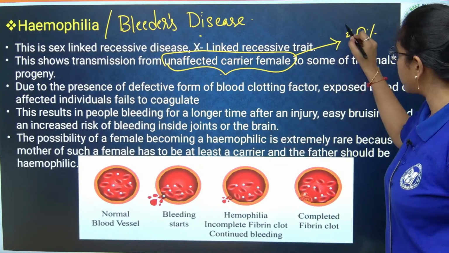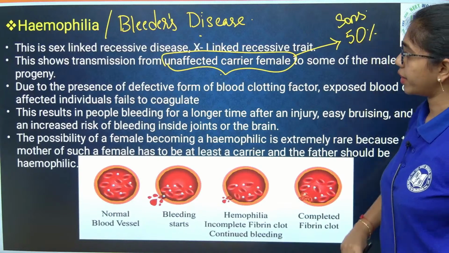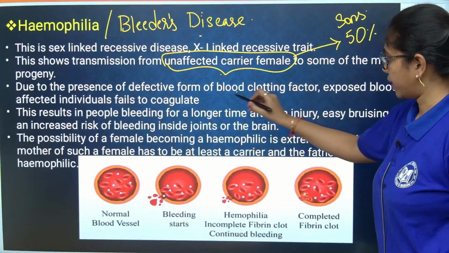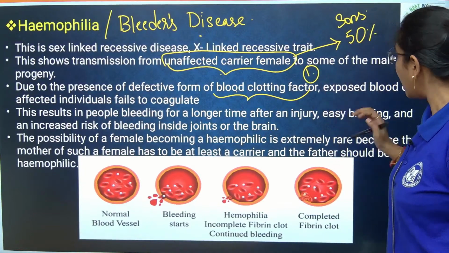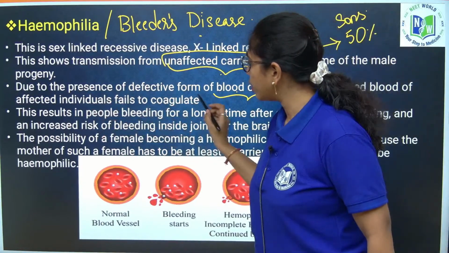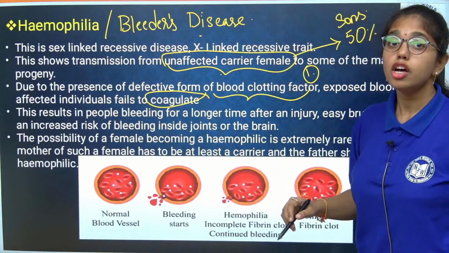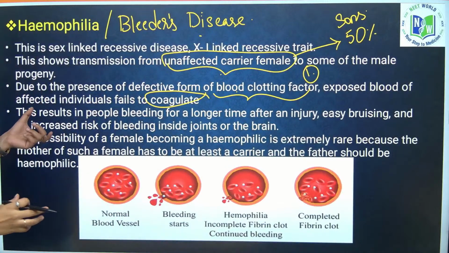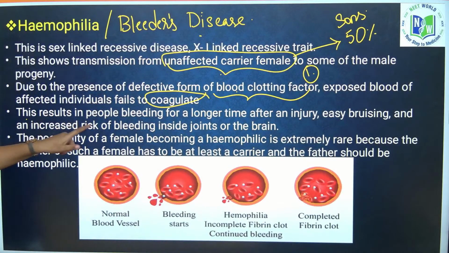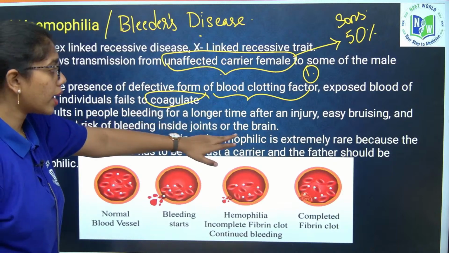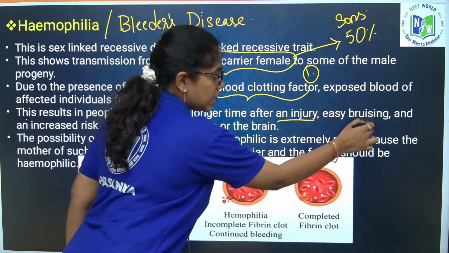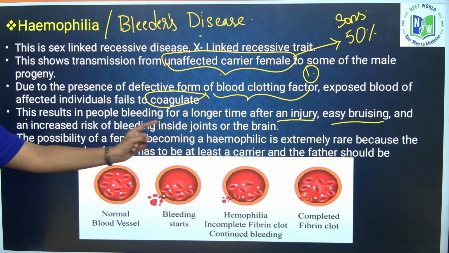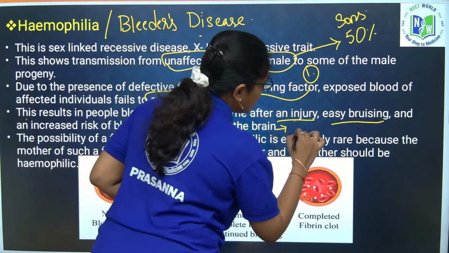Due to the presence of a defective form of any one of the blood clotting factors, exposed blood of the affected individuals fails to coagulate, so the blood will bleed continuously from the affected areas. This results in people bleeding for a longer time after injury, easy bruising, and an increased risk of bleeding inside joints and the brain, which is lethal.